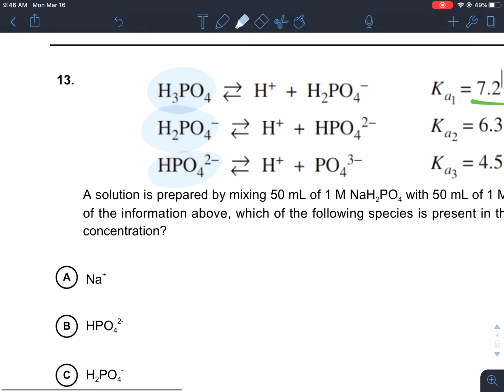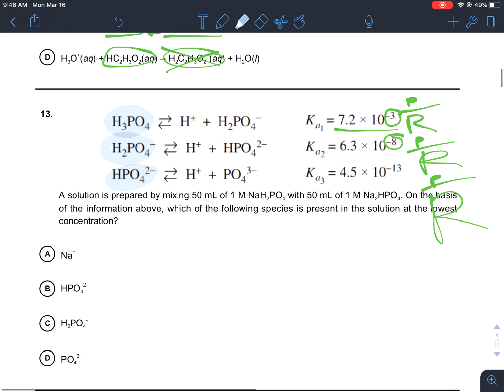So what's the thing that they have the least of? If it's always more reactant, the last product, there's like none of that. This is the highest number, this is the second highest, this is the third highest, and then this one just never happened.